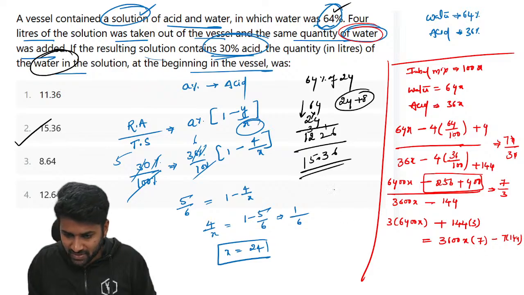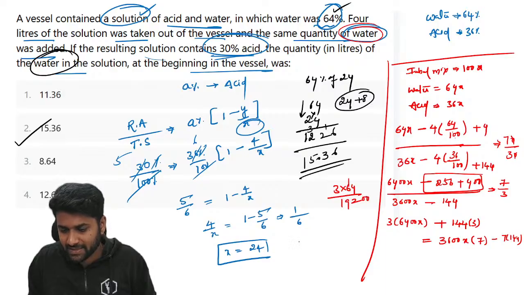Now further simplification, 3 into 64, 3 4s are 12, 192, means 19,200. 3600 is multiplied with the 7 times, 25200. So just go through the difference here. This is addition and this is subtraction.